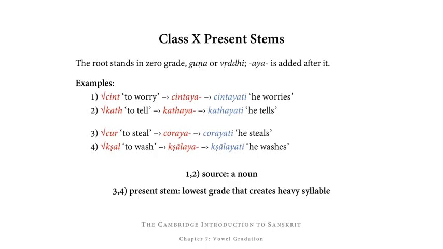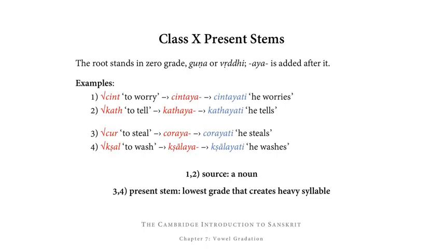Understanding vowel gradation also lets us introduce class 10 verbs, because class 10 present stems actually have a lot more formal variation than the present tense stems that we've encountered so far. And this variation can be explained by the roots standing in zero grade, guna, or vriddhi in a class 10 present stem, and then to this root in zero grade, guna or vriddhi, aya is added.